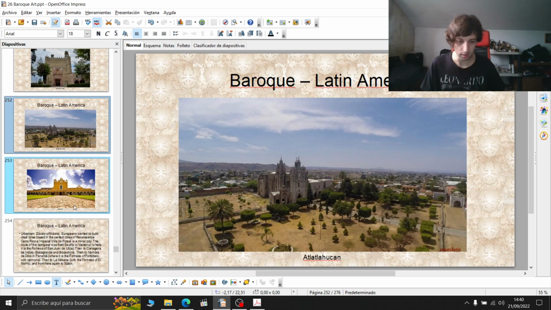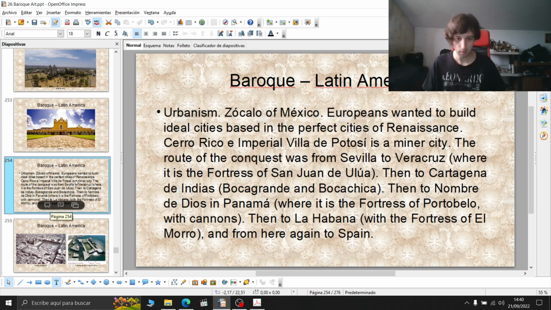Huejotzingo, Atlatlaucan, Izamal. Urbanism. Zócalo of Mexico.